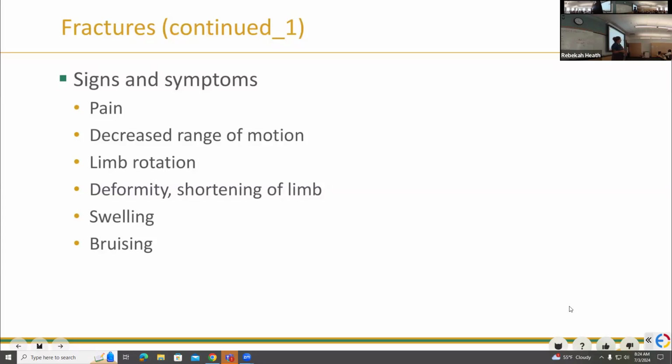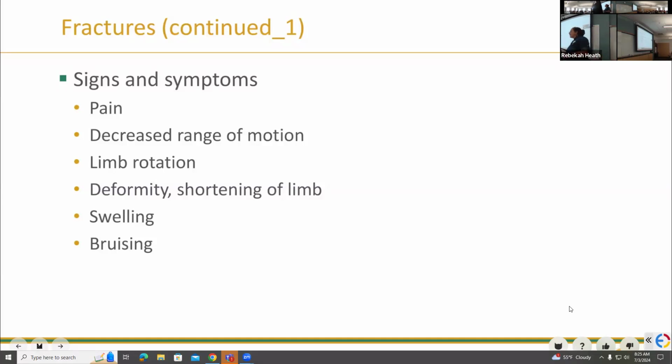Because of that structure of the bone, her leg is probably going to be a little bit shorter than the other leg, the affected one. So when we're doing our assessments, sometimes I might say, are your legs usually the same length? Some people aren't necessarily built like the normal pattern. So we just want to make sure, but that would be a sign.